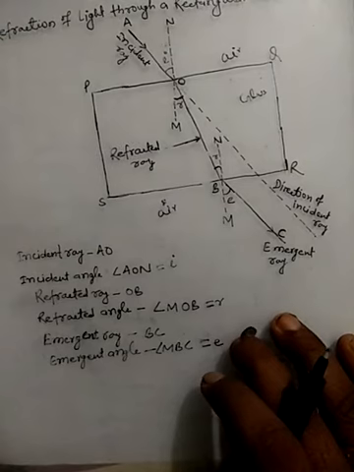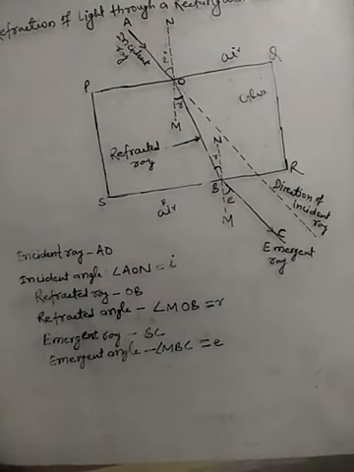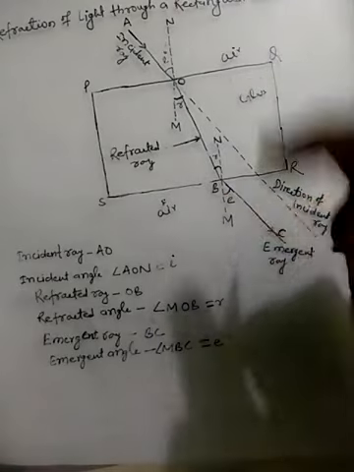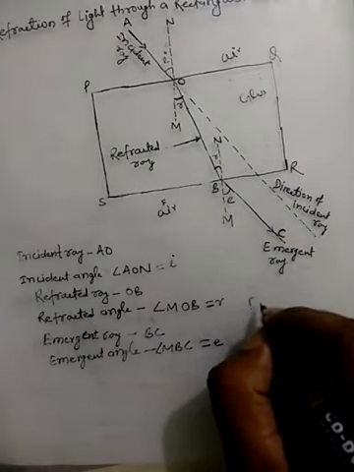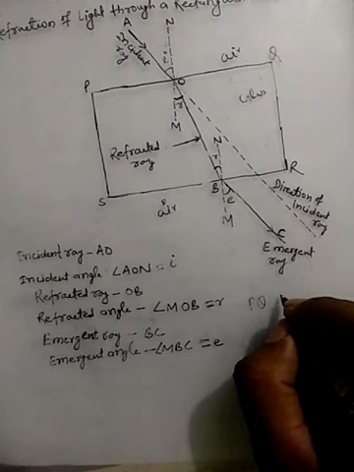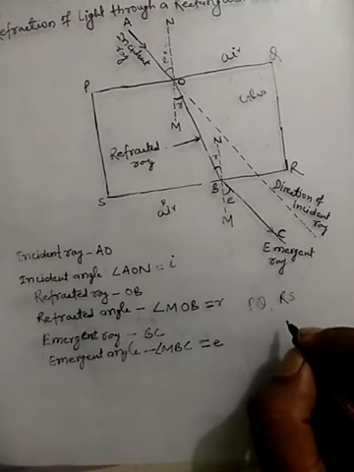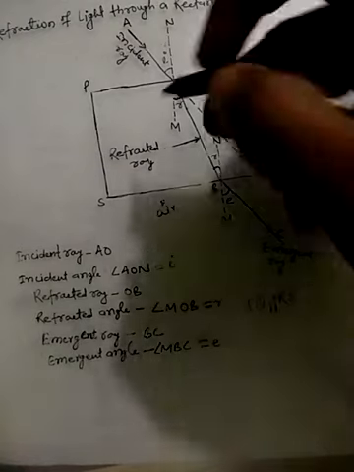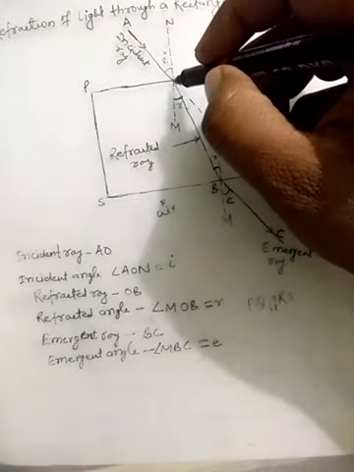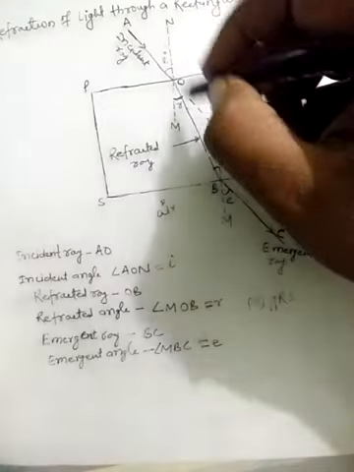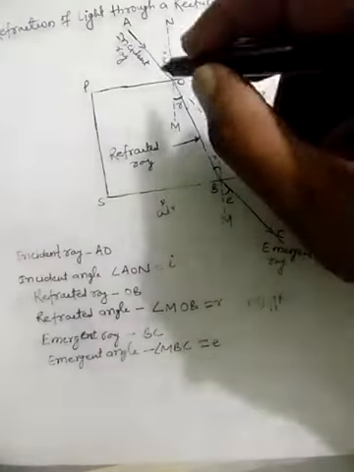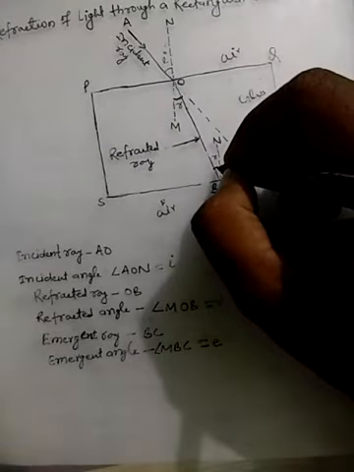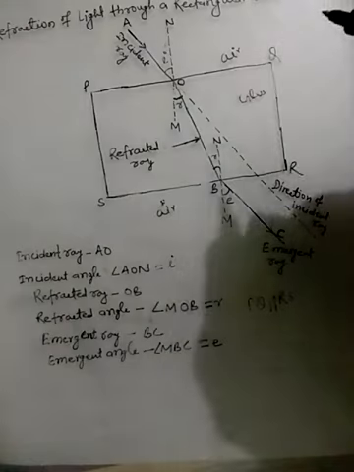In this case, the lines PQ and RS are parallel to each other, and the line OB cuts these two parallel lines. Therefore, this angle will be equal to this angle. These two are alternate angles.